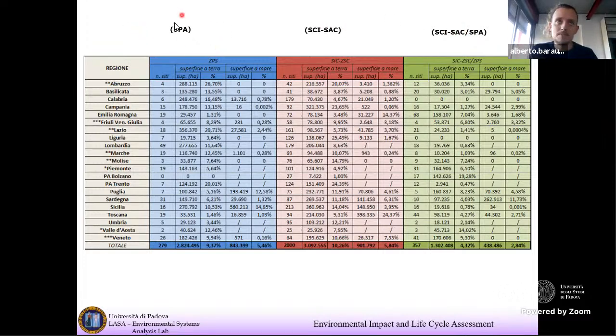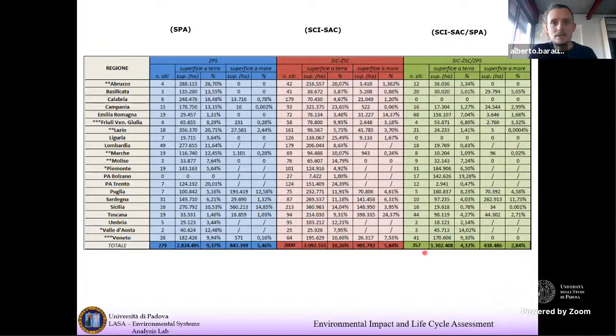Sorry, these are the birds directive sites. These are the habitats directive sites. These are sites that are either birds or habitats directive or both of them. Okay, so this is the most interesting part of the table, the green one. In Italy, we have 357 protected sites, part of the Natura 2000 network.